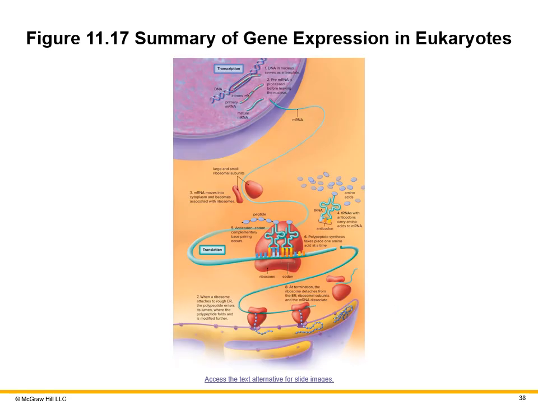So here's a summary of gene expression in eukaryotes. Everything starts in the nucleus, and in the nucleus, the DNA is going to be transcribed into the mRNA. The pre-mRNA has to be processed, and then the mature mRNA exits the nucleus through the nuclear pore, and the mRNA, now in the cytoplasm, travels to the ribosome, where it will be translated eventually into a peptide chain or amino acid chain.